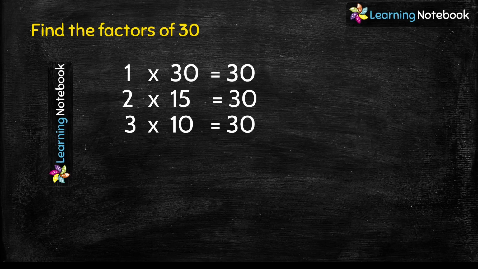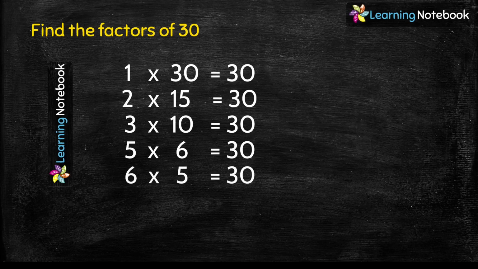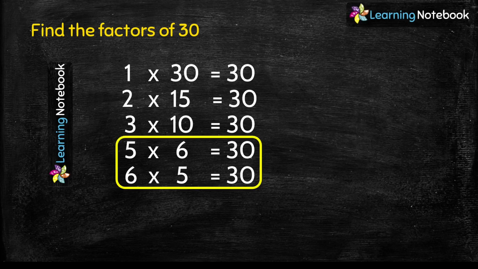Now, 30 does not come in the table of 4. Or we can say 30 is not divisible by 4. Now, in table of 5, 5 into 6 equals 30. And in the table of 6, 6 into 5 equals 30. But students, we have already covered it as 5 into 6 equals 30. So it means we have to stop here.